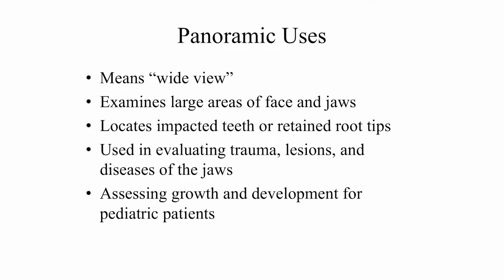You examine large areas of the face and jaws. It locates impacted teeth or retained root tips. It's used in evaluating trauma, lesions, and diseases of the jaws, and we use it a lot for third molar visualization, assessing growth and development for pediatric patients as well, and for braces.